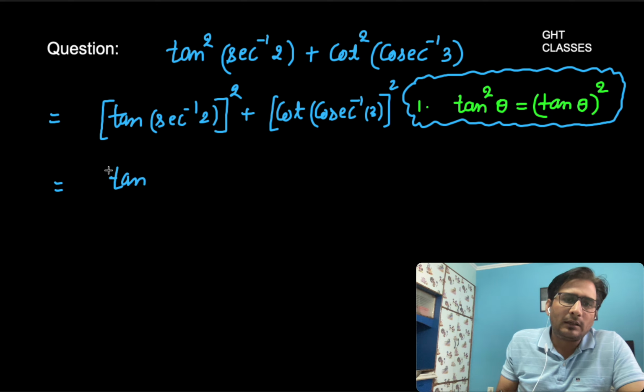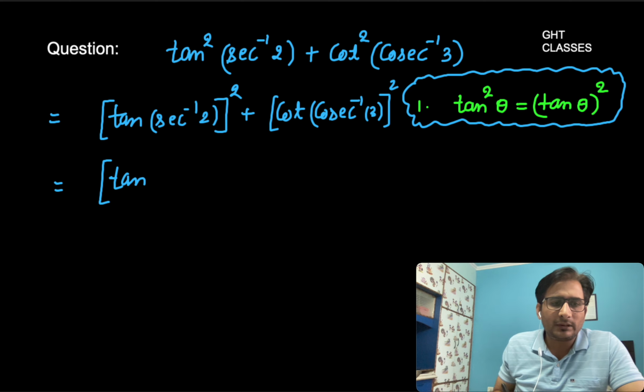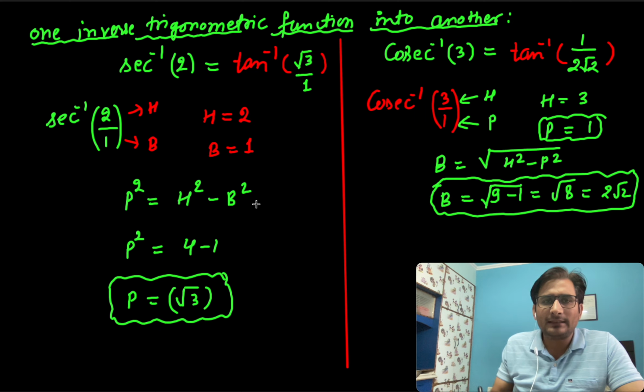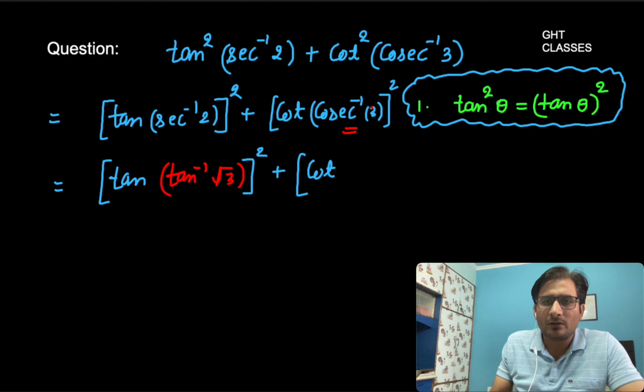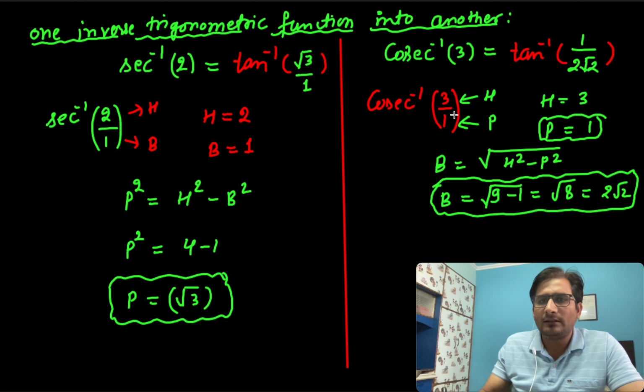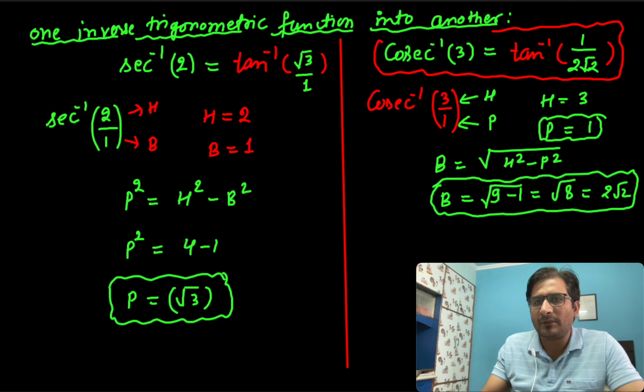Right? Now this sec inverse 2 can be written as, look at this, we have changed sec inverse 2 into tan inverse root 3. So sec inverse 2 can be written as tan inverse root 3, its square, plus cot, and cosec inverse 3 can be written as tan inverse 1 by 2 root 2.